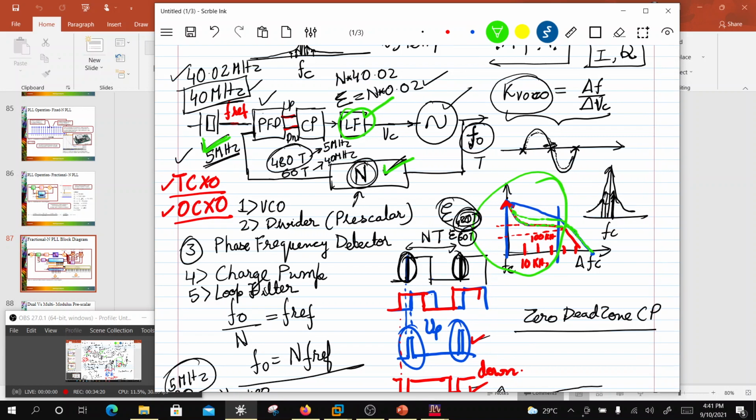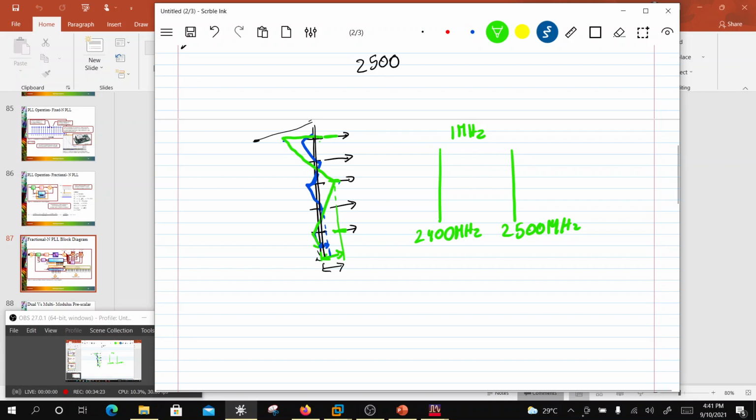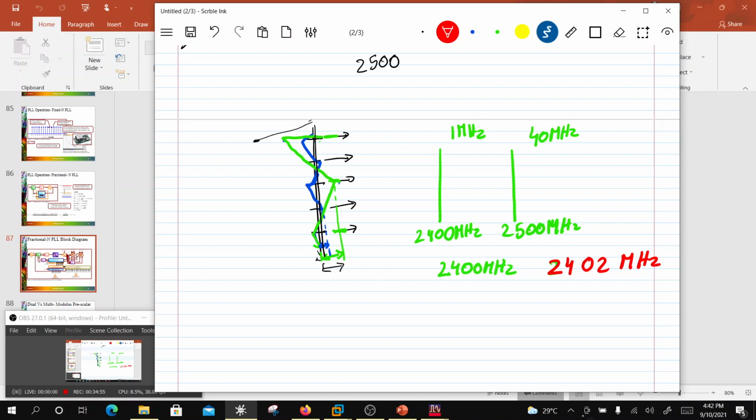So can I have a 40 megahertz crystal and still generate the output frequency in steps of 1 megahertz, without compromising on the divide ratio? For example, if I have 24 megahertz and I want to generate 2402 megahertz, correct?